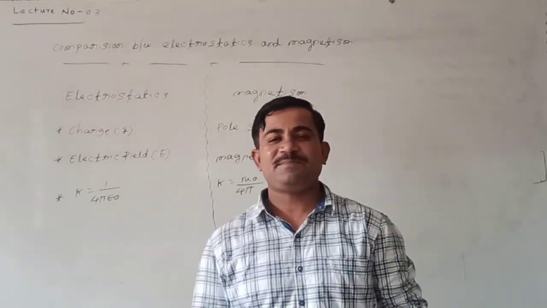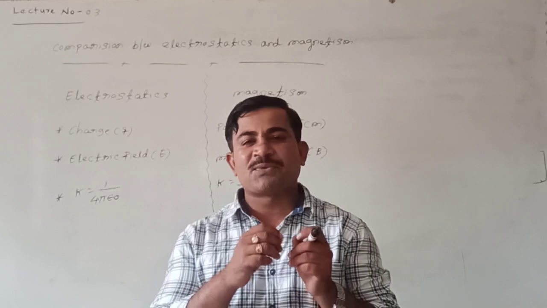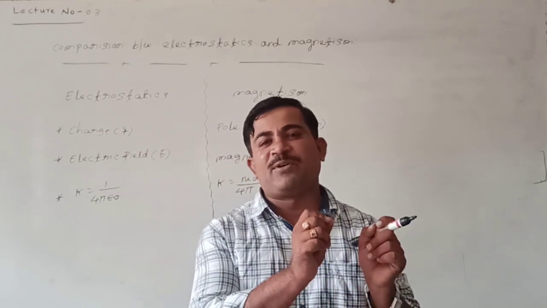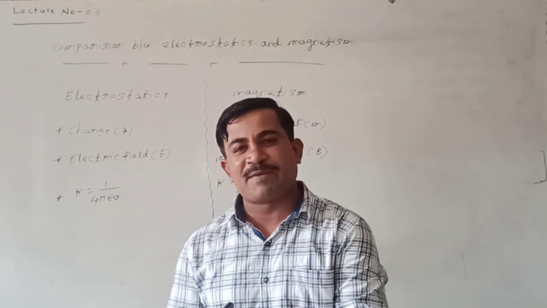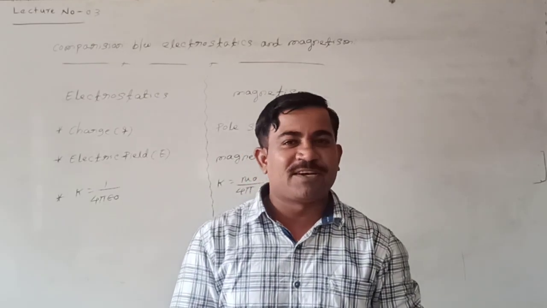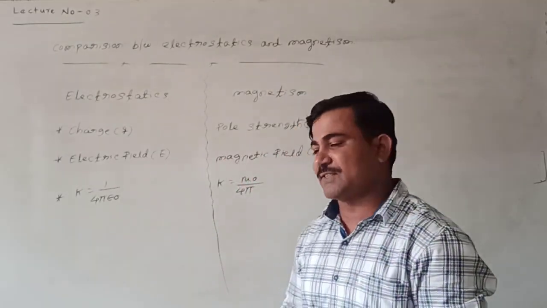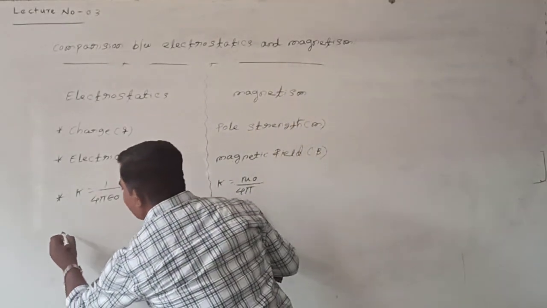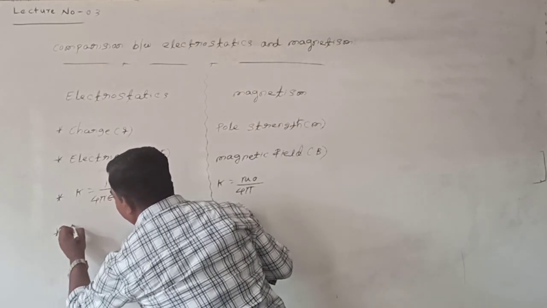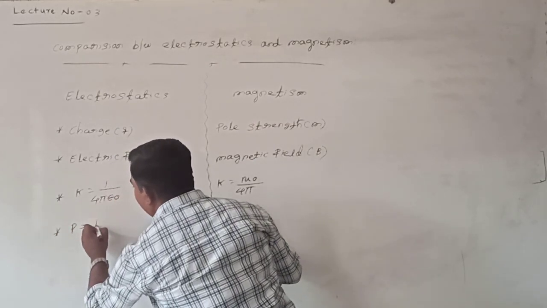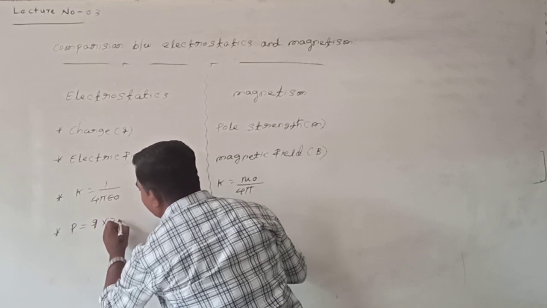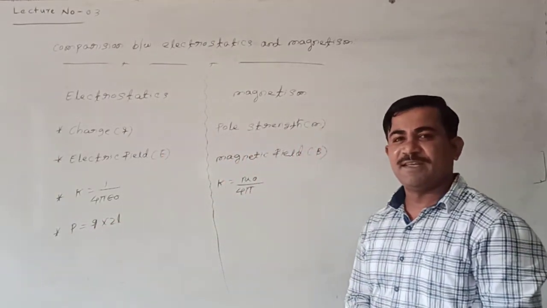Right? In electrostatics, we can define the electric dipole moment. How to define electric dipole moment? The product of either charge and the distance between the two charges. Electric dipole moment is P, and P is equal to q into 2l. Right?